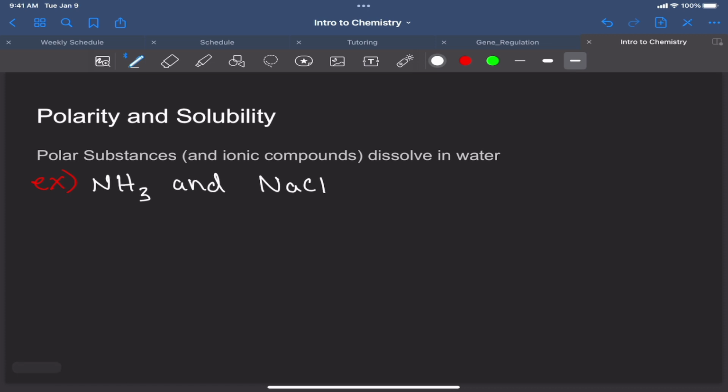Okay, so how does polarity affect solubility? Well, let's see what happens if we put NH3 in water. NH3 looks like this. We end up getting dipoles going towards the N, a delta negative, and each of these hydrogens has a delta positive.